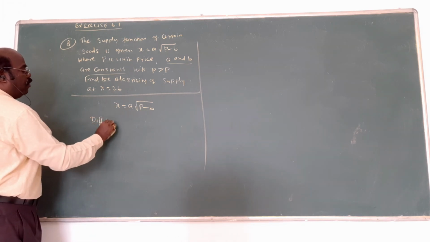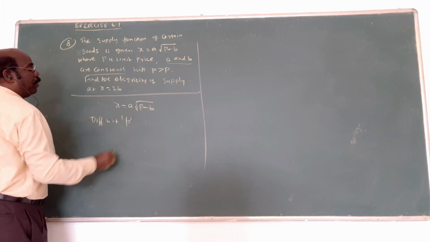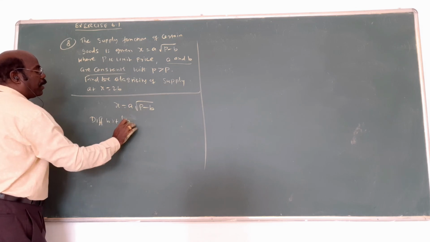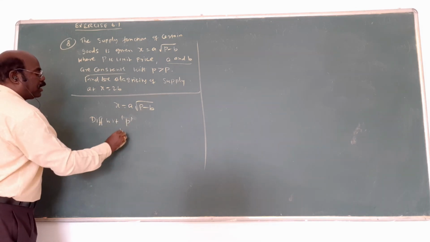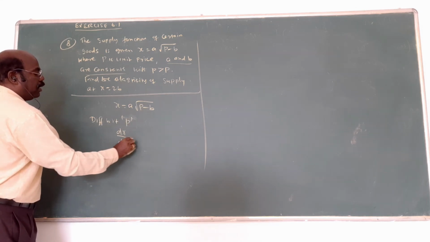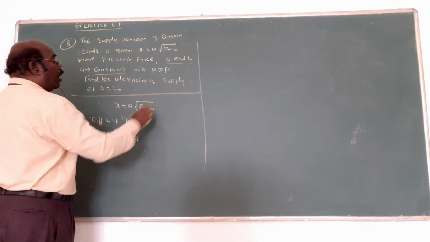Now differentiate this x with respect to p. That's important. Here dx by dp is a constant times root of something.